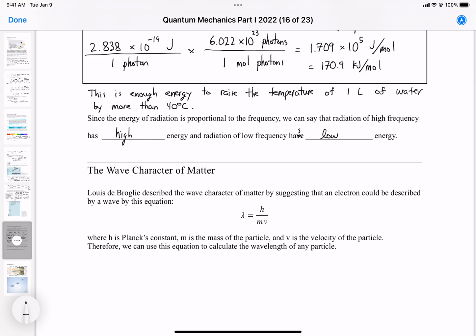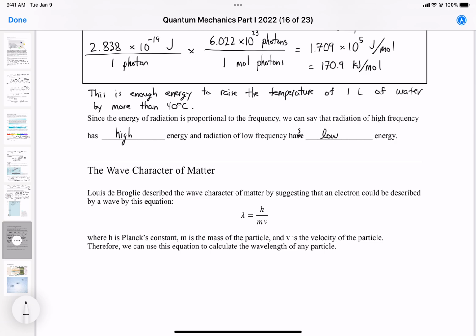Electrons can absorb light in the form of photons, which has a specific amount of energy, and emit it later on as a photon of light as well. We call those packets of energy quanta, a specific quantity. Now let's talk about the wave character of matter.